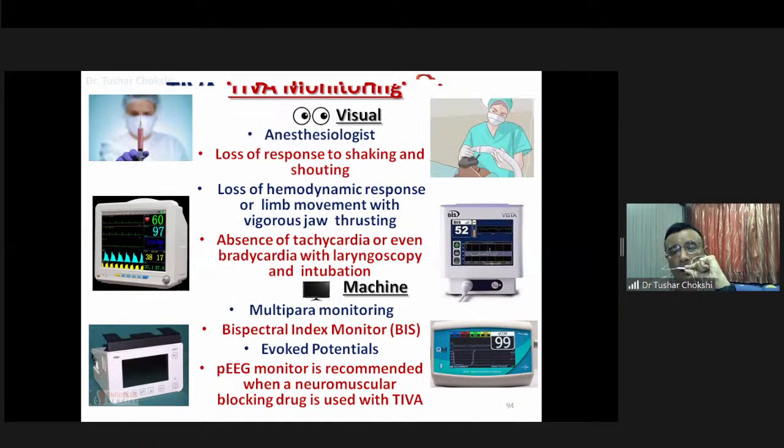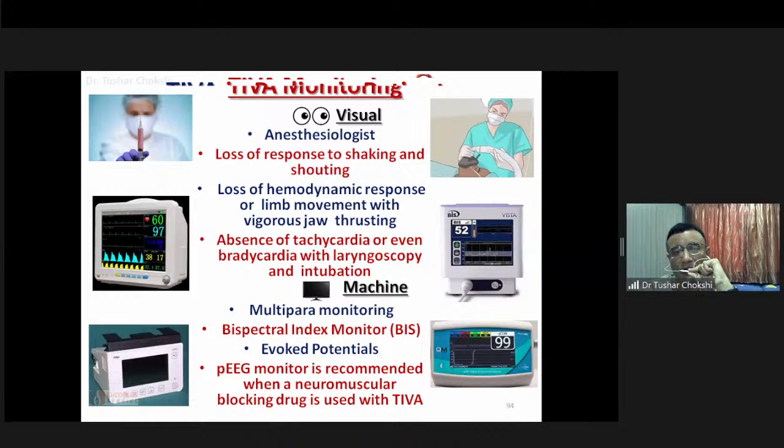Some of the TIVA monitors which I want to talk about. See, I am an old generation anesthetist. My practice is 32 years. I consider myself the best monitor as an anesthesiologist. Whatever monitors come into my practice, I am still the best monitor myself. So for TIVA practice, your ears and your eyes should be open.